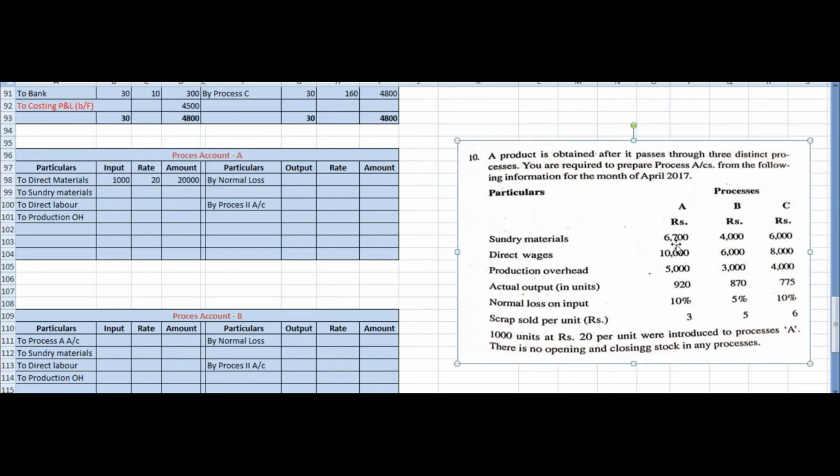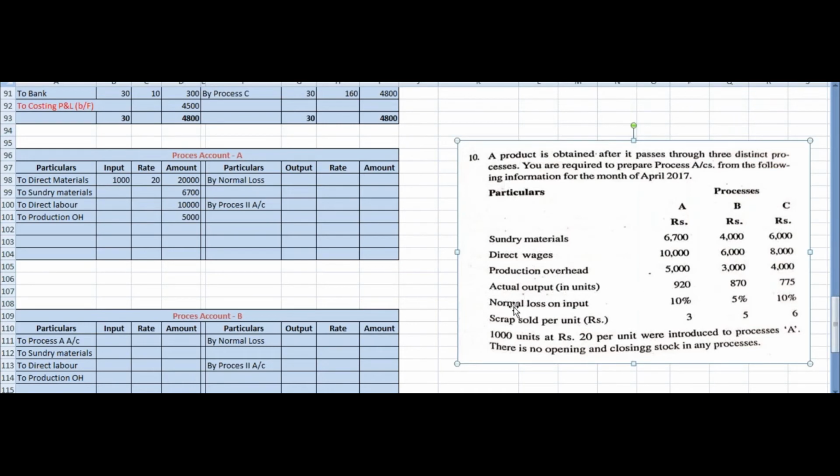Now your sundry material is how much? 6176. Wages, I think I wrote labor here; both wages and labor are the same: 10,000. Then production overhead is how much? 5,000. Now tell me, where should I write this 920?